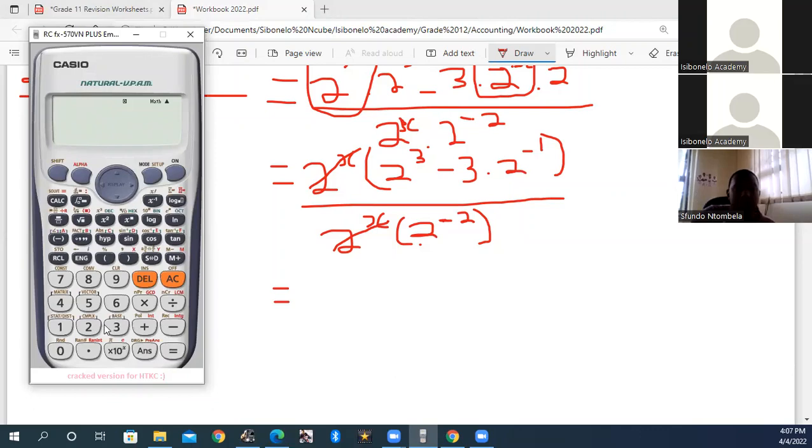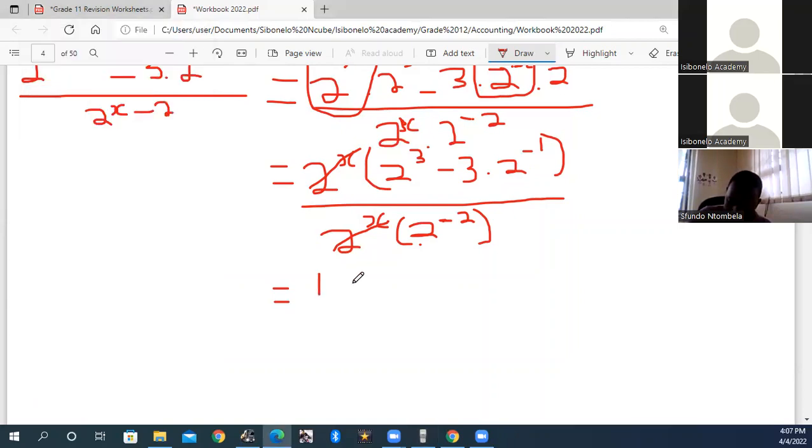Kuphuma ba, so we calculate 2 to the power 3 minus 3 times 2 to the power negative 1. Phuma 13 over 2. So 13 over 2, and then 13 over 2 sizodivide la ngezansi sino 2 exponent negative 2 olingana nobani, olingana no 1 over 4.